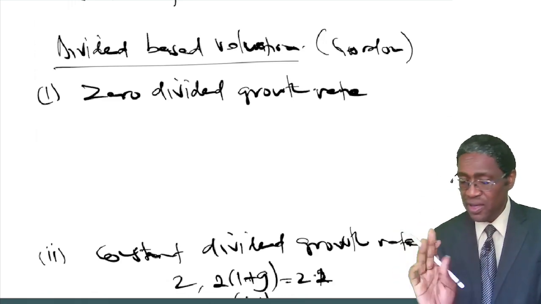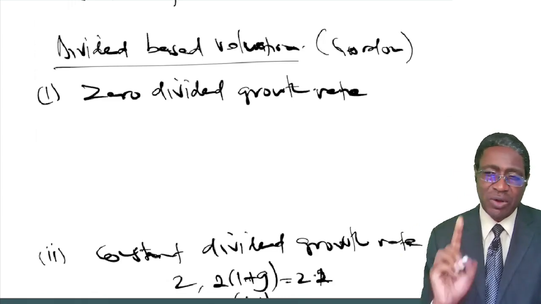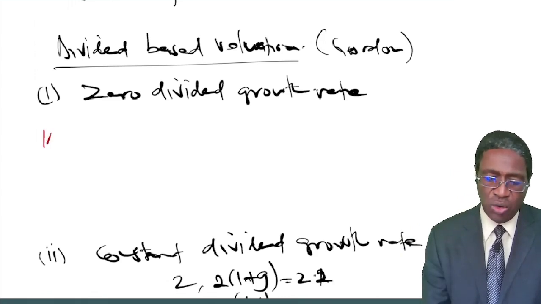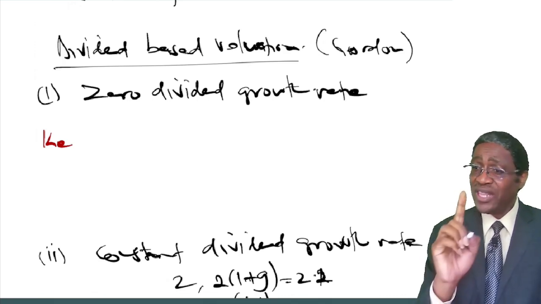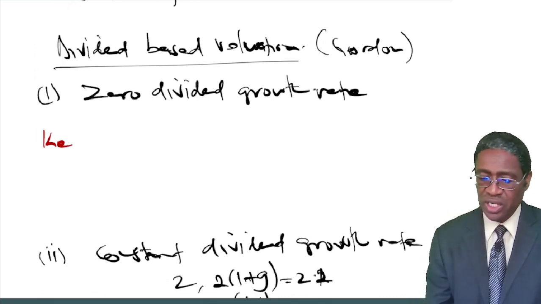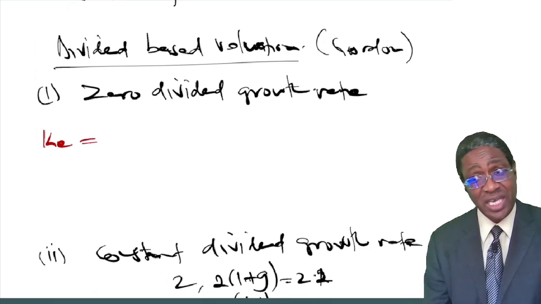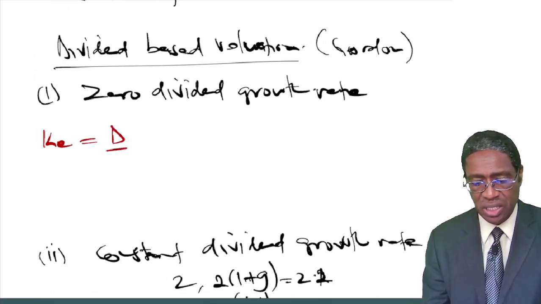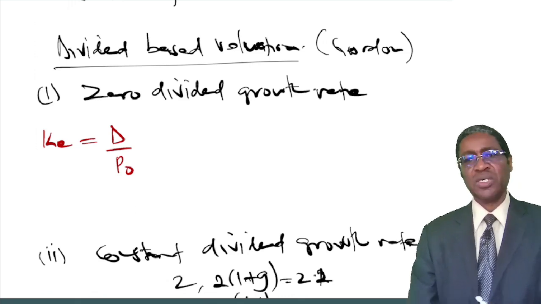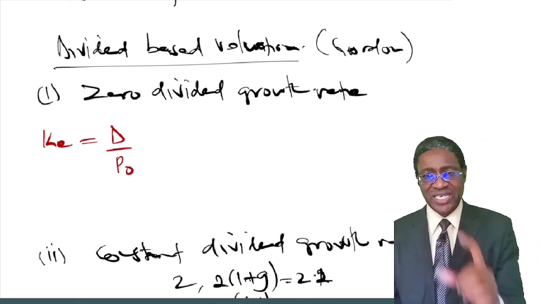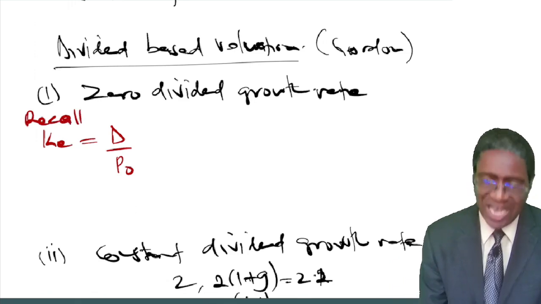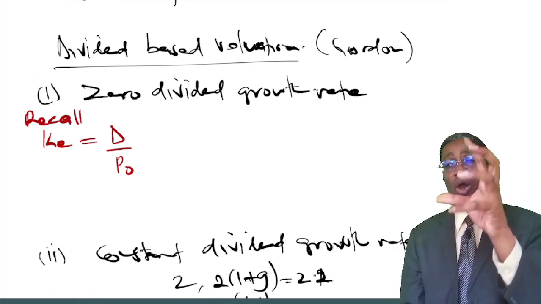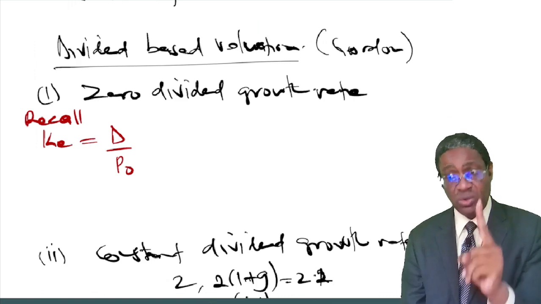Maybe no. To get the cost, which is what we were calling KE, where there was no growth in dividend, we were getting KE by just taking D divided by PO. That was our formula. I have said recall. That was our formula for getting the cost of capital KE.